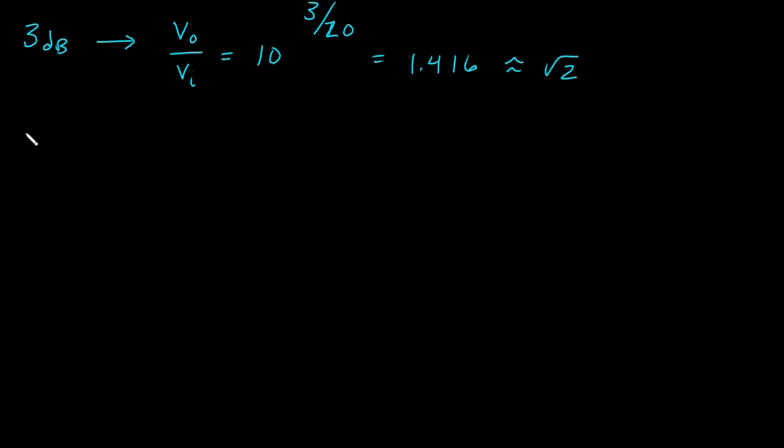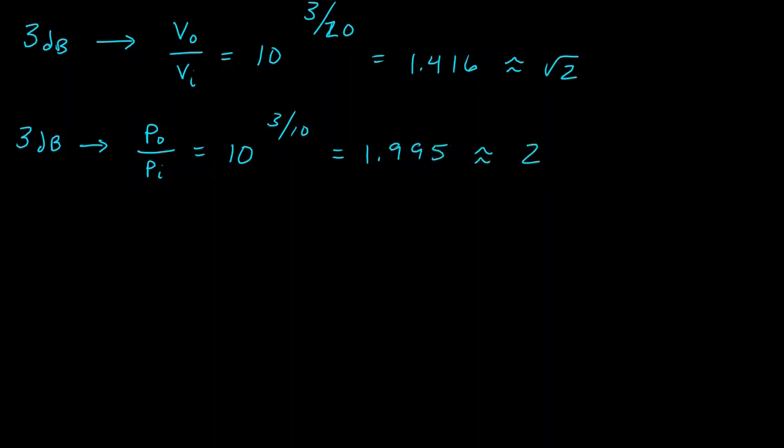And if we do that for power, again, 3 dB is going to be P out over Pn, and that's going to be 10 to the power of 3 divided by 10, which is approximately 1.995, which would be about 2.